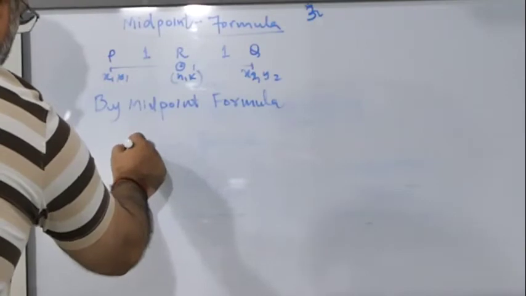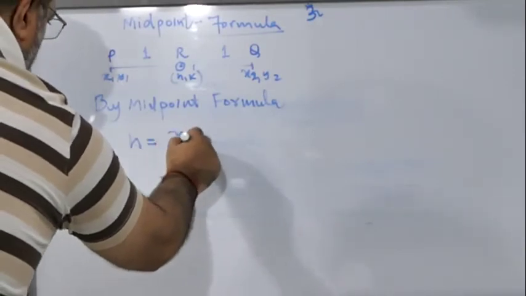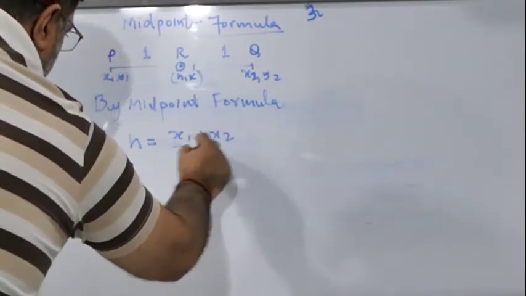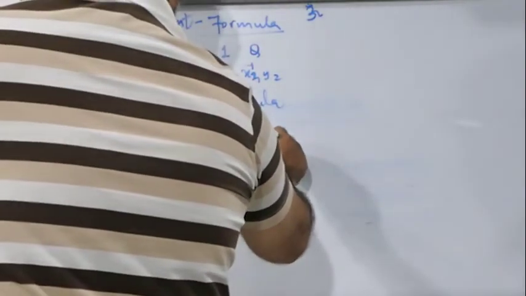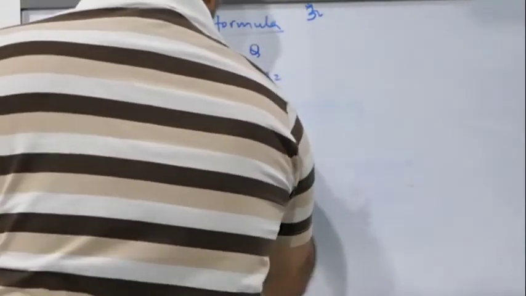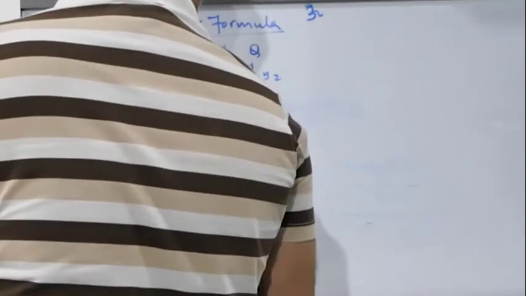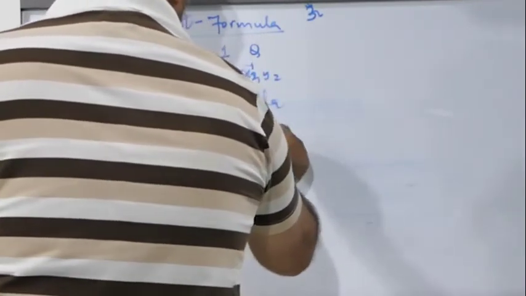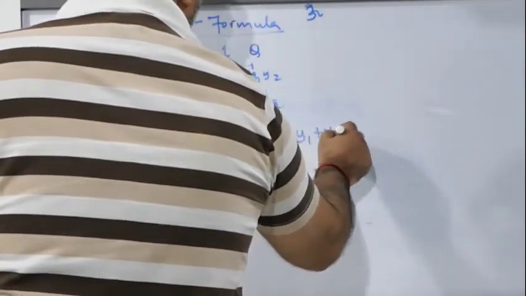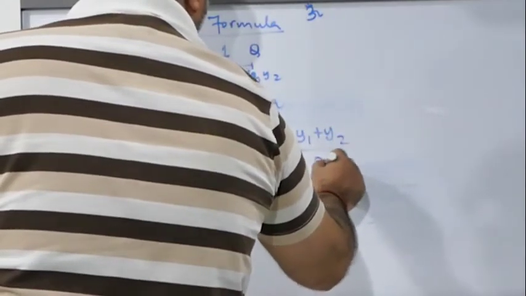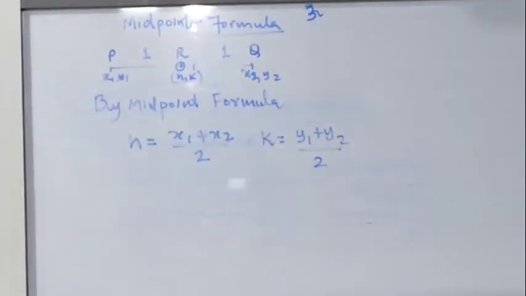So this time you will have h is equal to x1 plus x2 upon 2. And k is going to be y1 plus y2 upon 2. Alright? That is the midpoint formula.